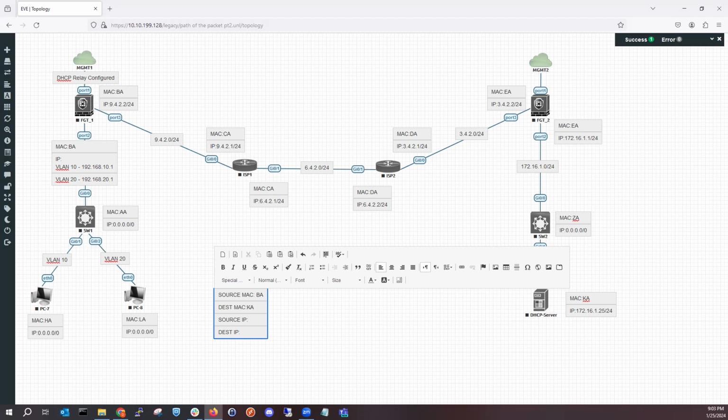Okay. What's the source IP? Source IP is 192.168.10.1. Destination? 172.116.1.25. And I want to change the destination MAC to EA.